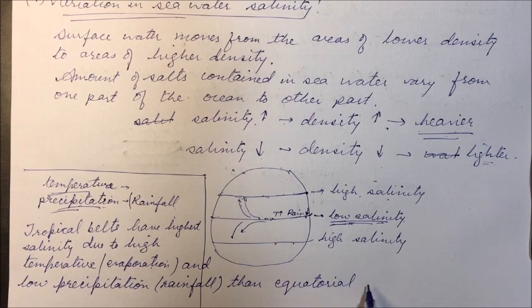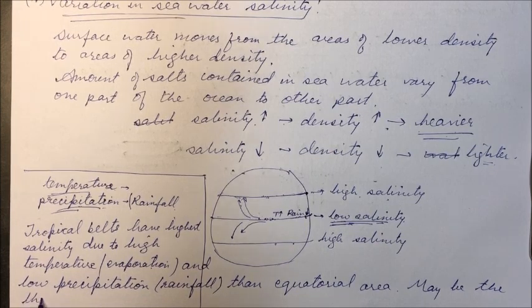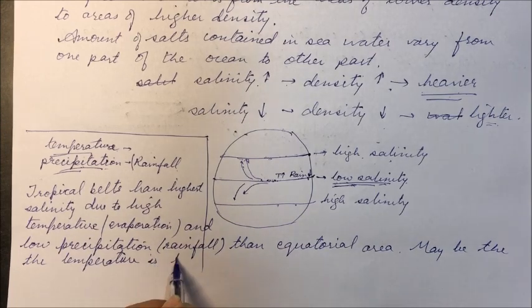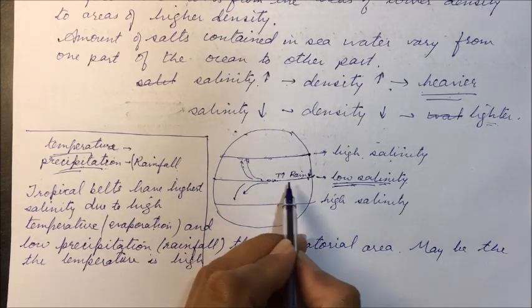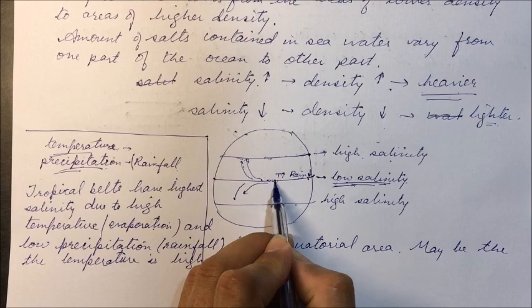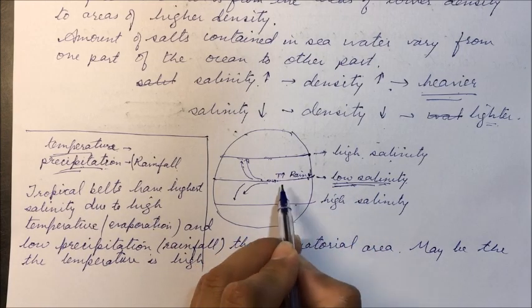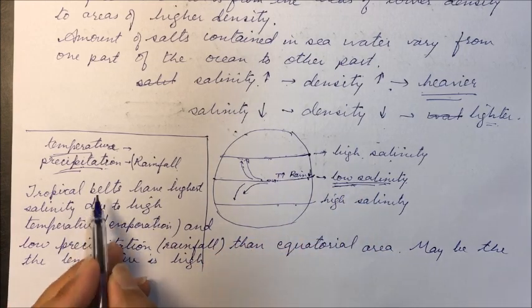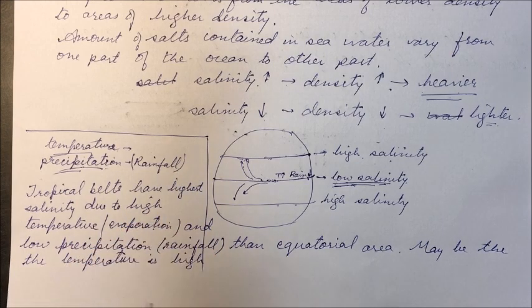Even temperature is high in the equatorial region, but here water is less dense because it is compensated by the precipitation, that is rainfall.